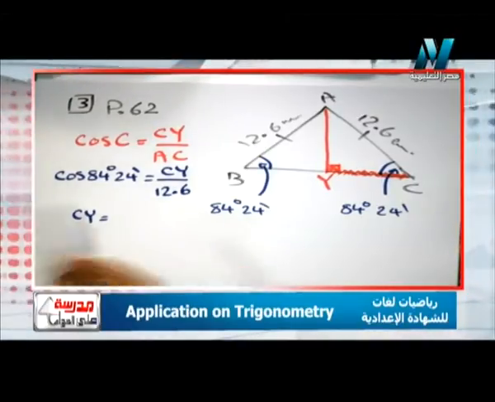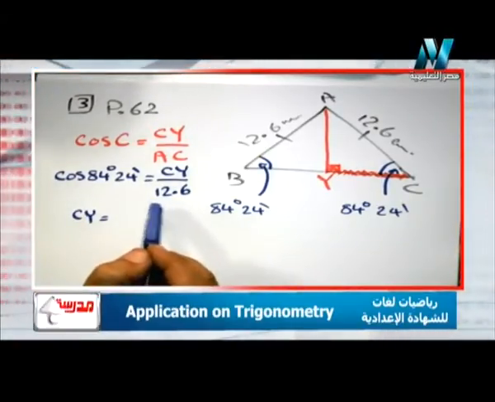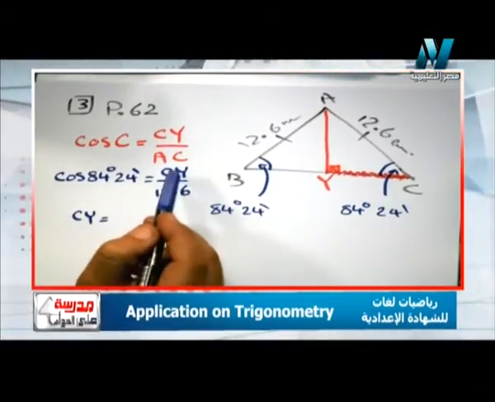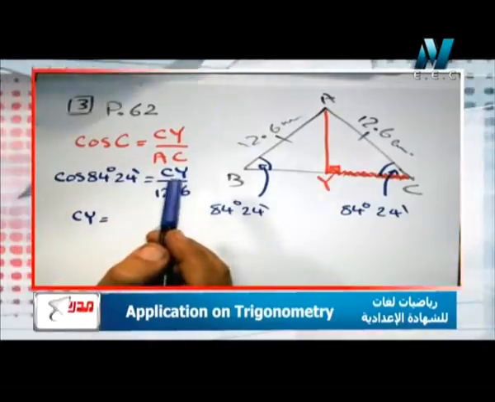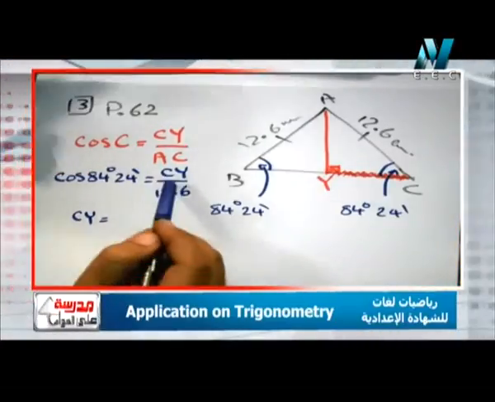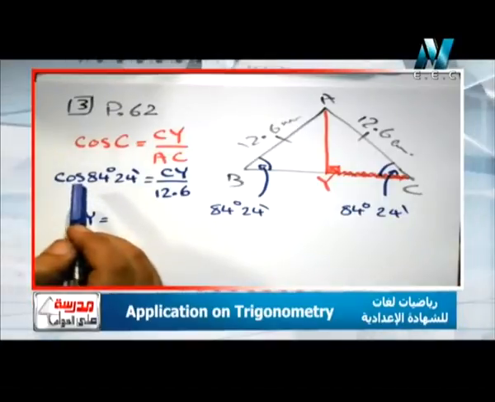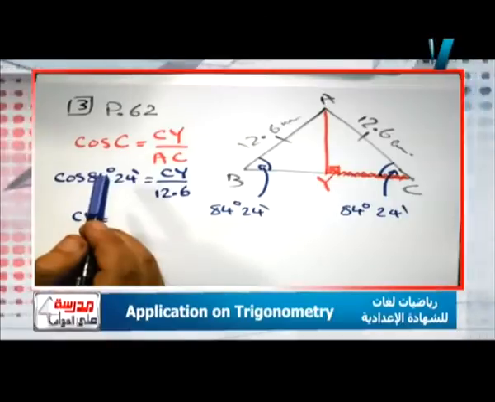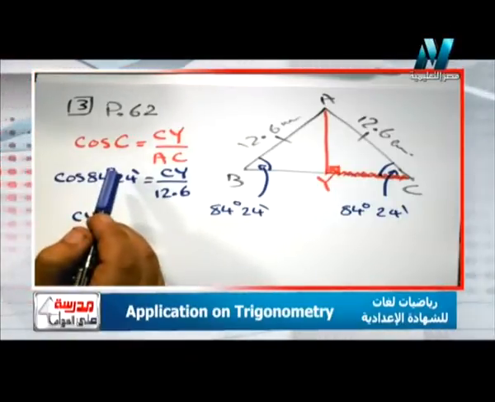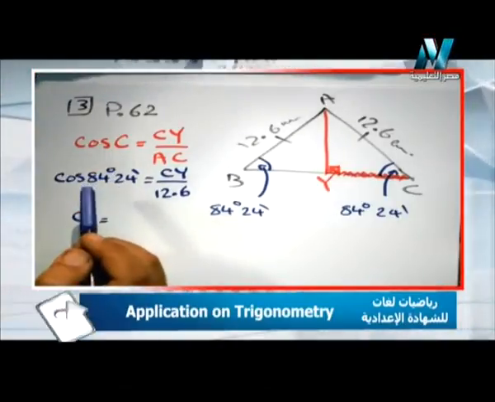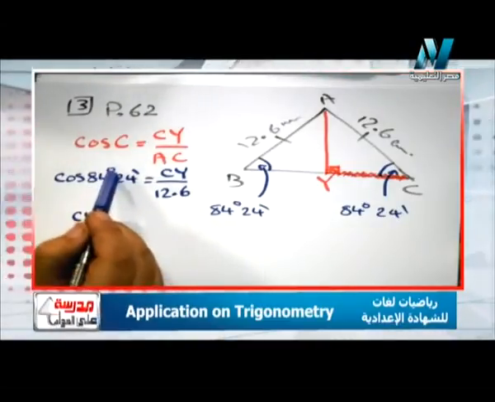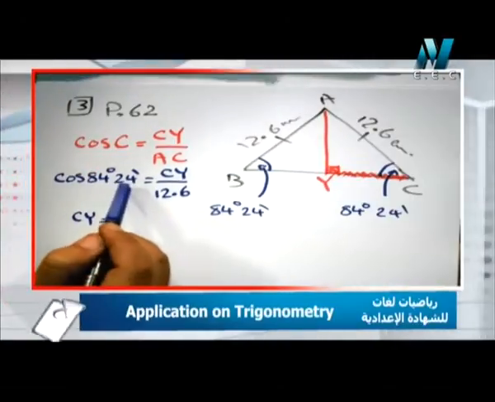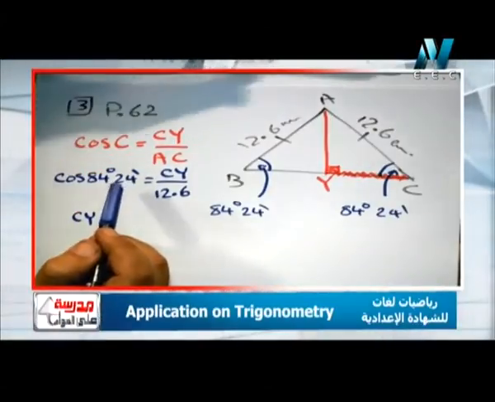So I'm going to use my calculator. As you see here, again, I'm going to show you. For this equation, to find the length of CY, you multiply 12.6 by the cosine of 84 degrees. And we knew before how to write this on the calculator: write 84 and press the button to draw degrees, then 24 and press to draw minutes, and then find the answer.